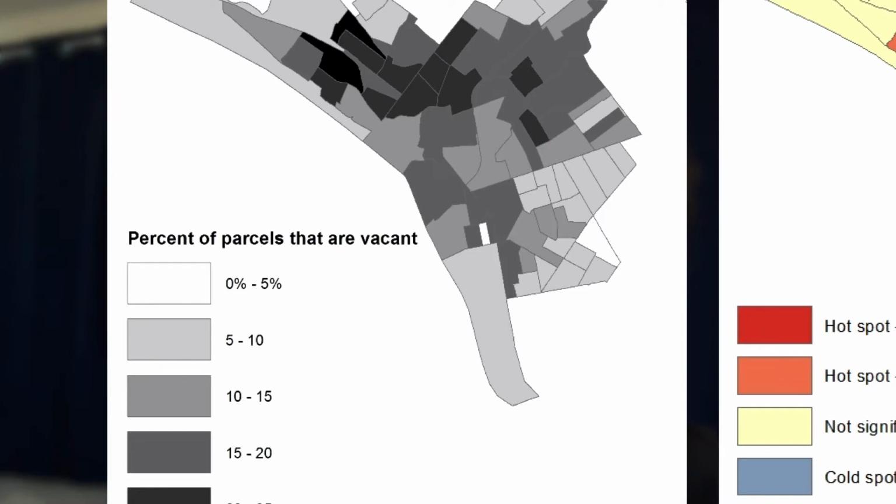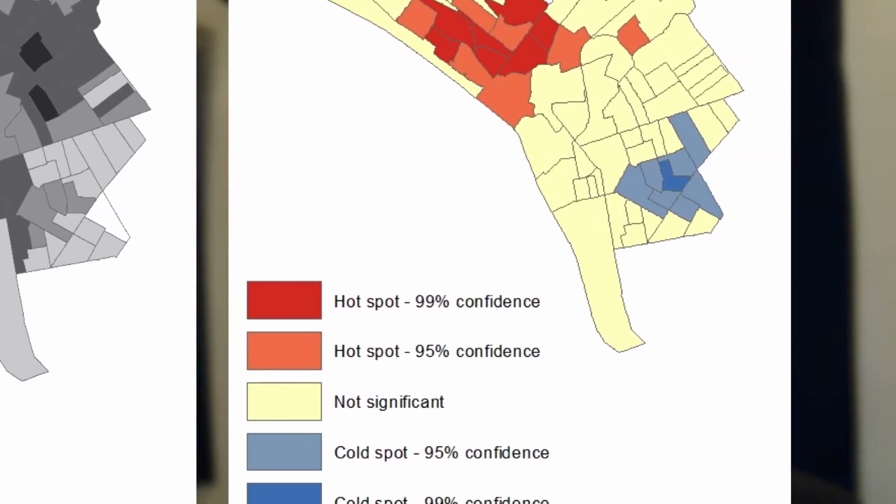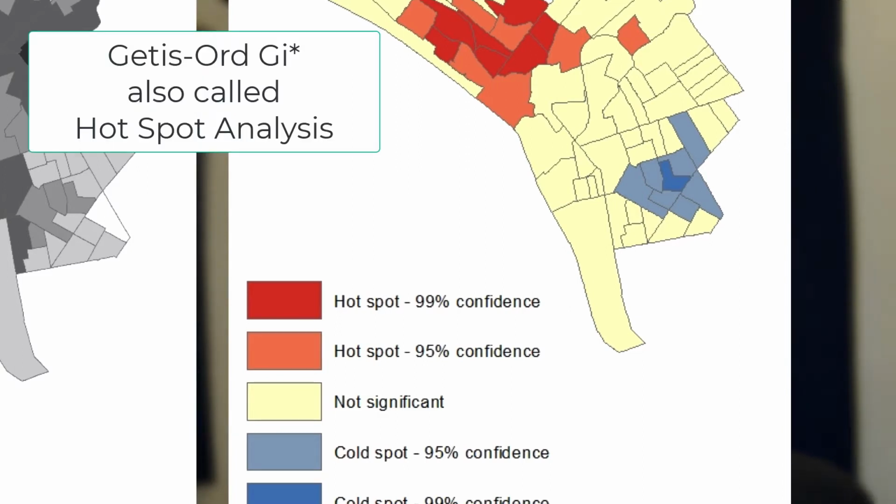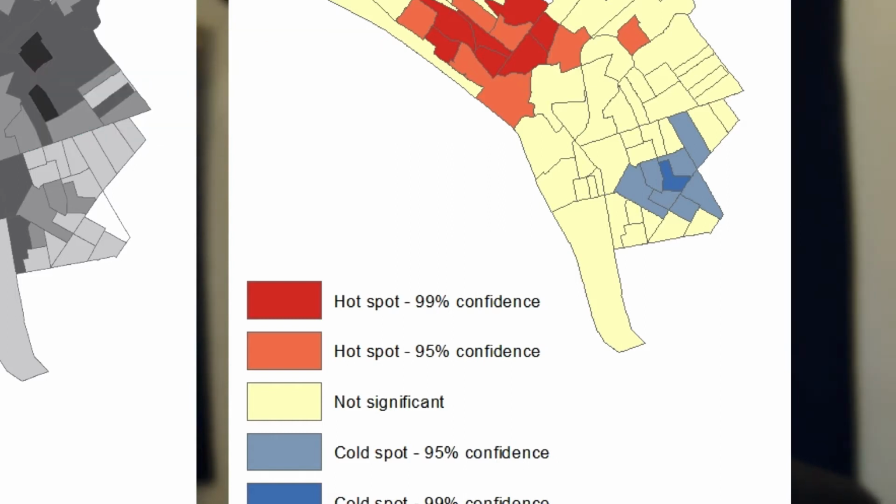So for that, we use some tools such as the hotspot analysis. In some of our GIS software, it might just be called informally the hotspot analysis, but it does have a more formal name, such as the Getis-Ord Gi* test. In that one, you see that we have areas of red and we have areas of blue.